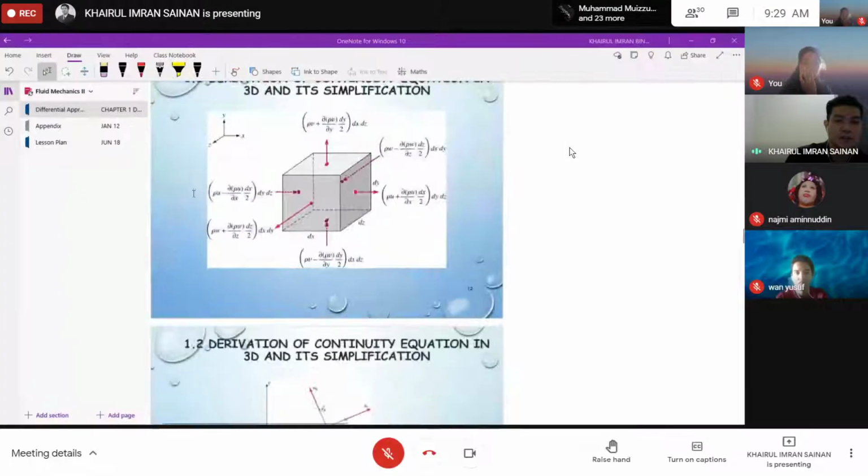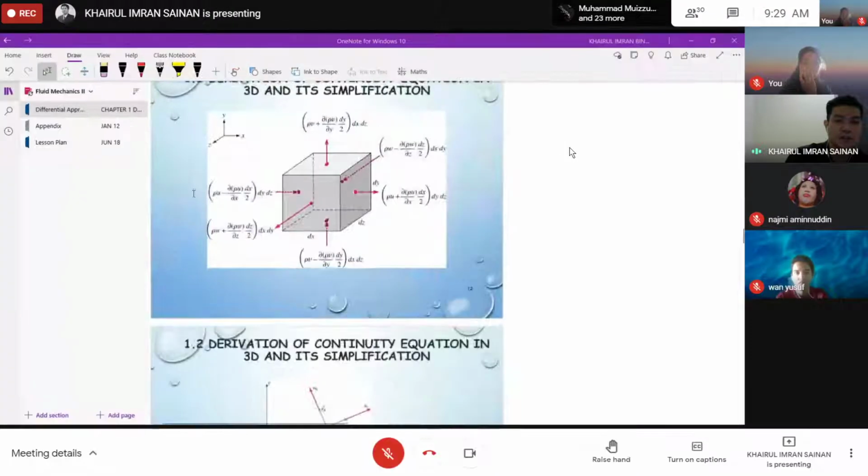So, continue. Even though we have 10 minutes, 10 minutes is still a lot of time. We use this differential equation to solve commonly flow between two plates.